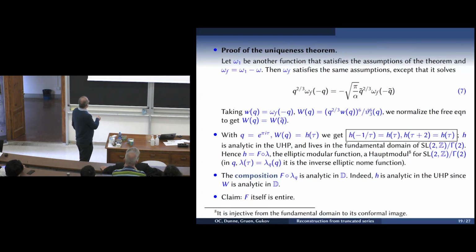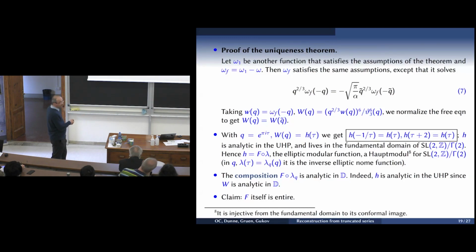Okay. So W is a function of lambda. I'm going to switch between the upper half plane and the disk, whichever is more convenient at any given time. In the upper half plane, lambda is the elliptic modular function lambda. In the disk, it is the gnome function that David was talking about.